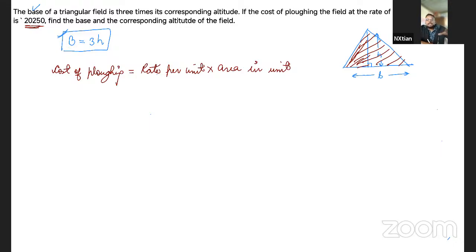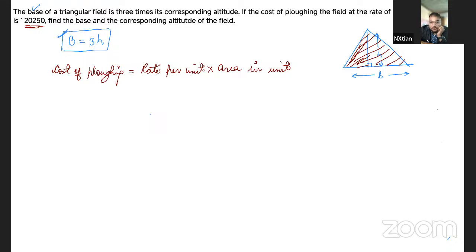For example, if the area is 5 centimeters square and the cost of 1 centimeter square is 2 rupees, then what will be the total cost? I'm repeating again, guys. Please pay attention. If our area is 5 centimeters square and 1 centimeter square costs 2 rupees, what is the total rupees that I have to pay?